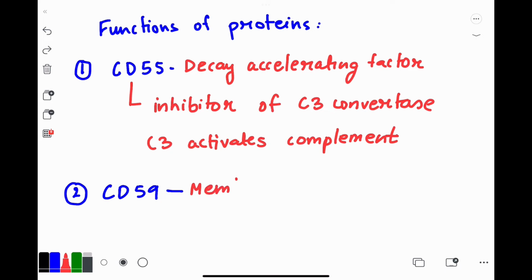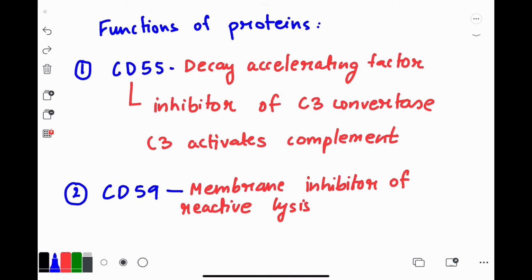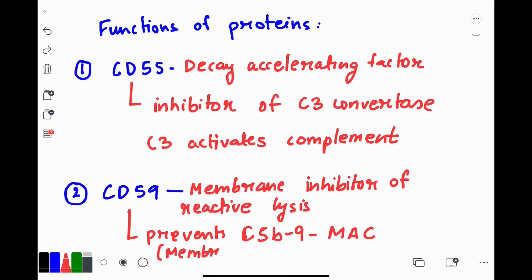Then there is CD59, which is the membrane inhibitor of reactive lysis, and CD59 prevents the formation of the MAC or membrane attack complex. This membrane attack complex is formed by complement 5b and complement 6 to complement 9.